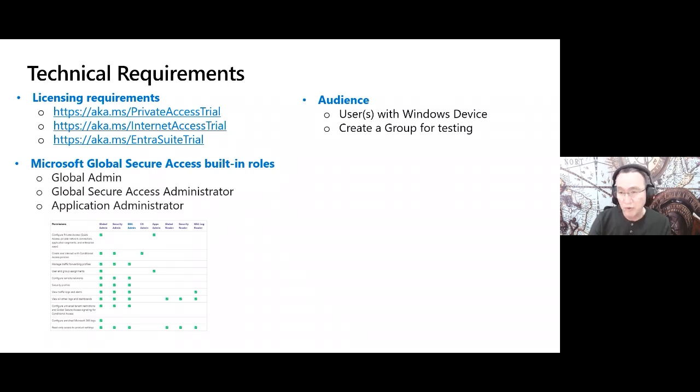Because if you have, for example, macOS, which we support, by the way, you need to have this device registered in an MDM, a Microsoft device management, because we have to register the macOS, and sometimes the customer is not using macOS as part of Entra ID. So that's sometimes complicated for that reason. Try to avoid it. Easy and simple way: choose a Windows device to test very quickly.